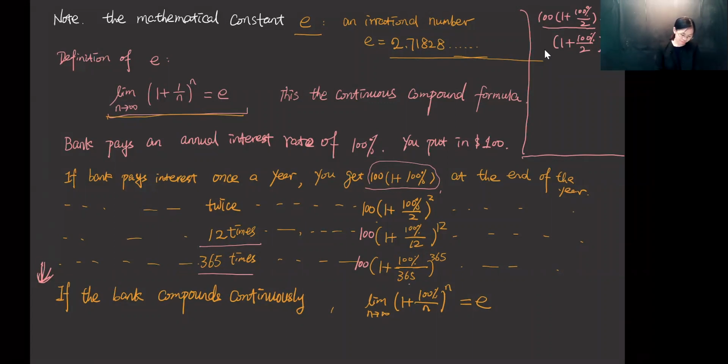Continue the process, and this sequence of the money that you get at the end of the period will turn out to be E. And that number is the continuous compound multiplier. Okay? If the bank continuously compounds your interest, then what you get is 100 times this limit, which is 100 times E.